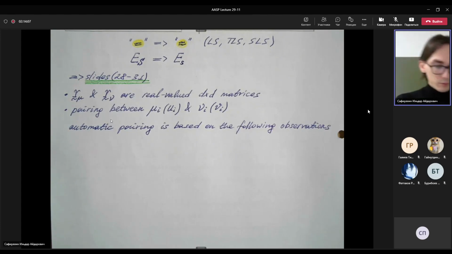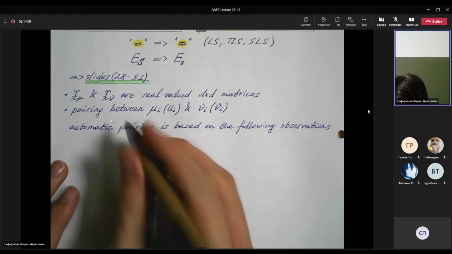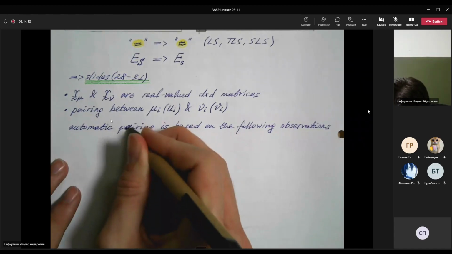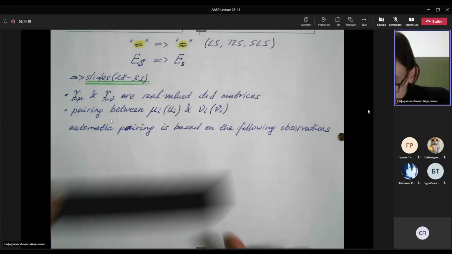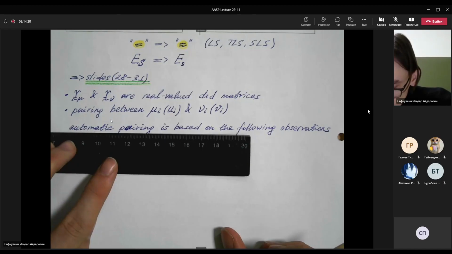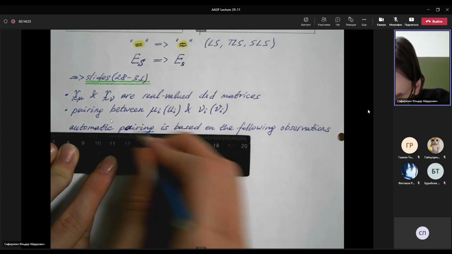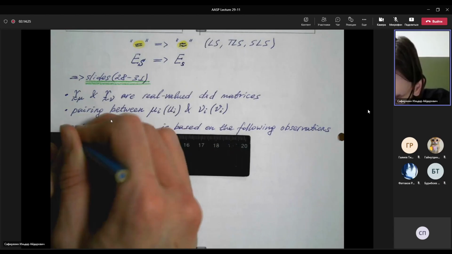And here the pairing, automatic pairing with blue underline.